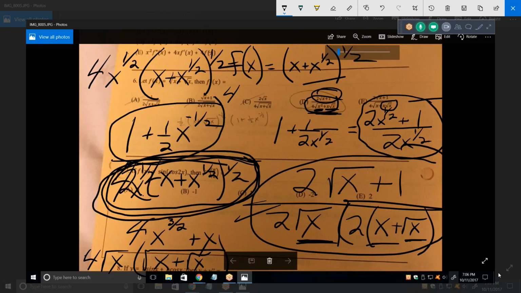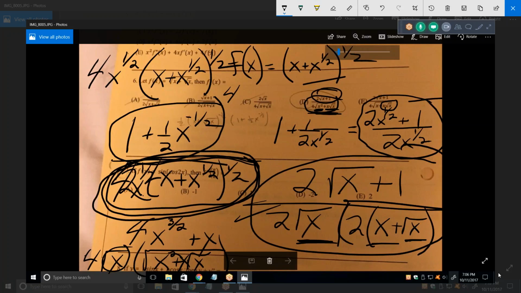Which answer is that? Damn, this is confusing. These are both to the 1/2, so I can combine them, and I can take this and put it inside this radical sign. So that becomes x squared plus x times square root of x.